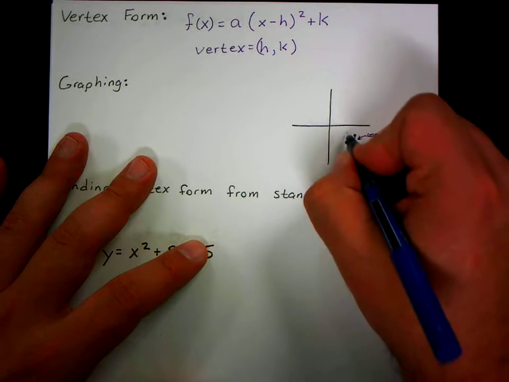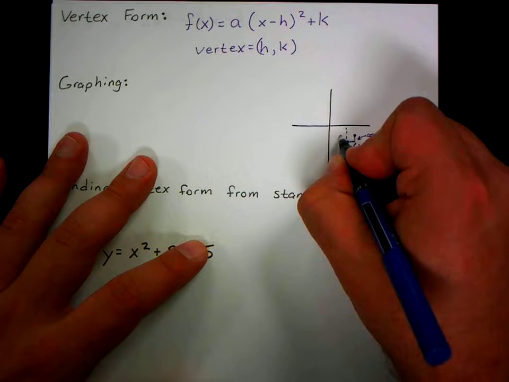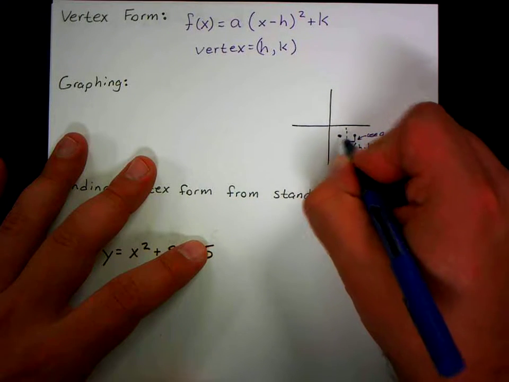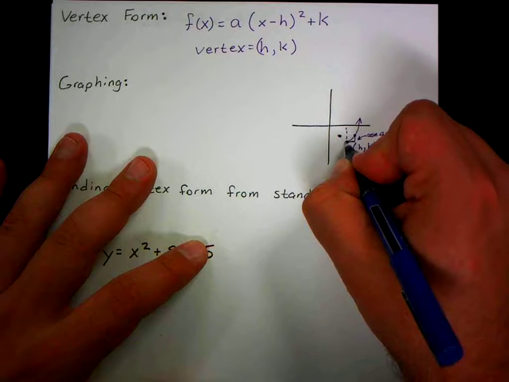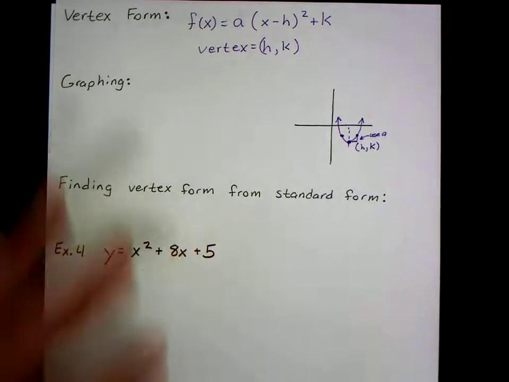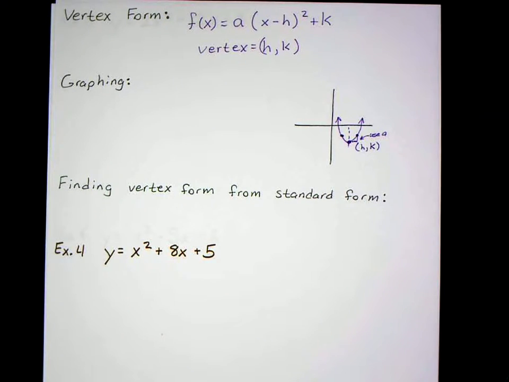And then again, you can use that symmetry to get your point on the other side. But we already did that in chapter 1, so I'm going to do one quick review, and then we're going to move on because we've already covered how to graph those.